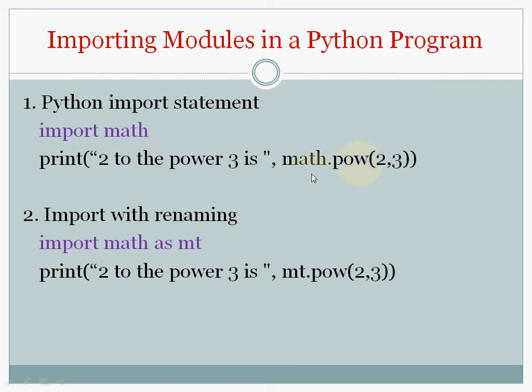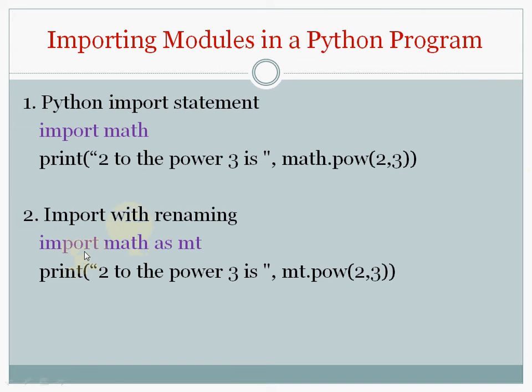Here I am using the pow function of the math module. Okay, the second method is import with renaming. We can rename the module. How?